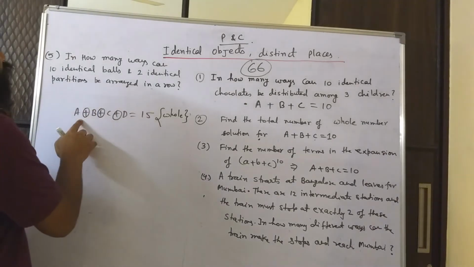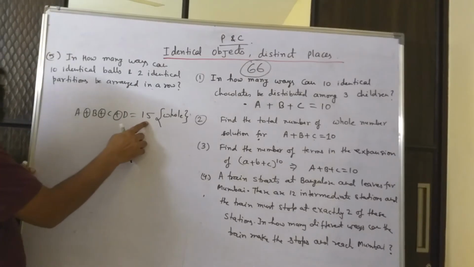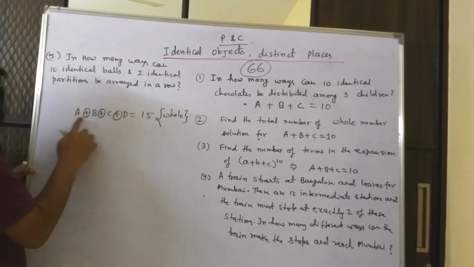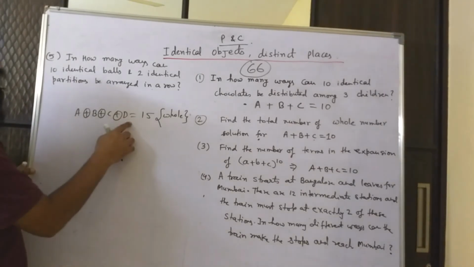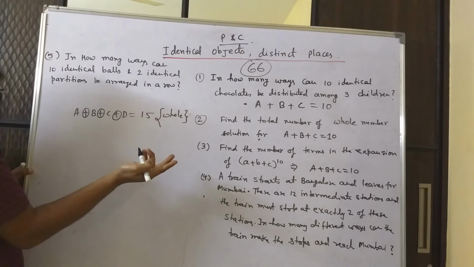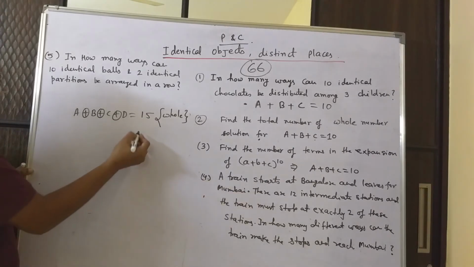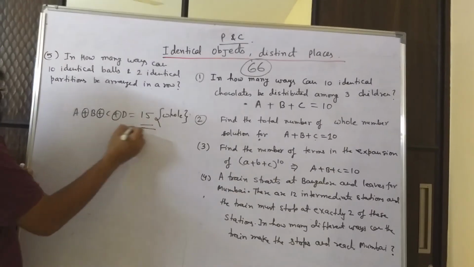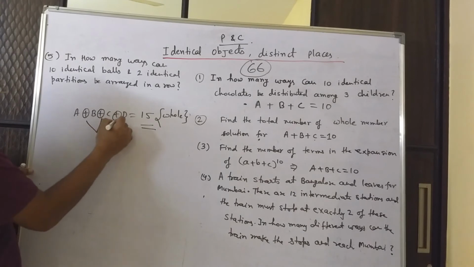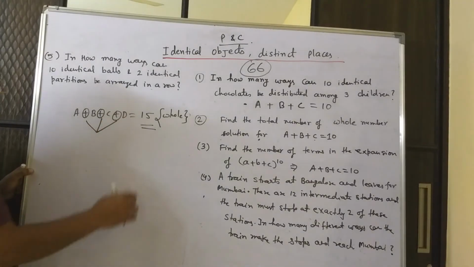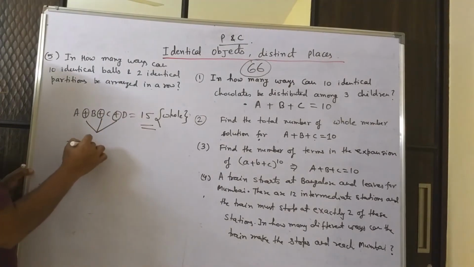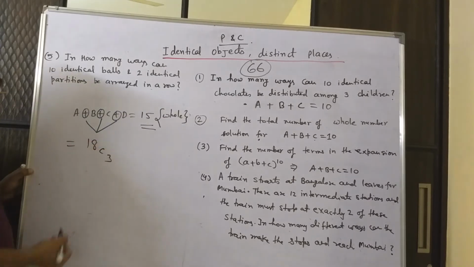The number of pluses is your partitions, because to divide 15 chocolates among 4 children, I don't need 4 partitions, but only 3 partitions. So 15 chocolates and 3 partitions. The plus is acting as the partition. So 15 plus 3, 18C3, that is your answer.